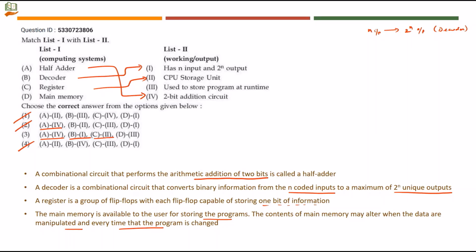They say it is used to store program at runtime. The contents of main memory keep changing at runtime. So we can map main memory to used to store program at runtime. D will be mapping to 3. Option number 3 will be the right answer.